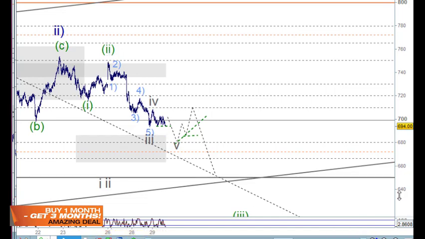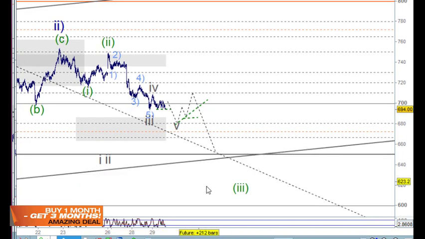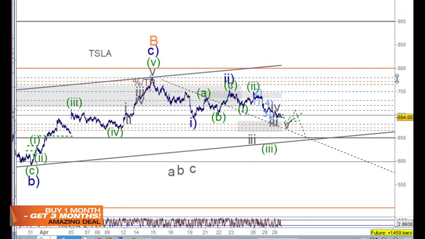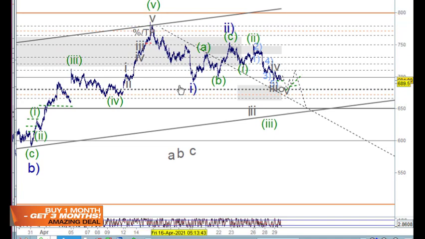I'm just thinking of the distance we need to cover. I'm wondering if this is wave 1 and 2 here, and then 1, 2, 3, 4, 5 for 1 here, and wave 2 back at this point here.